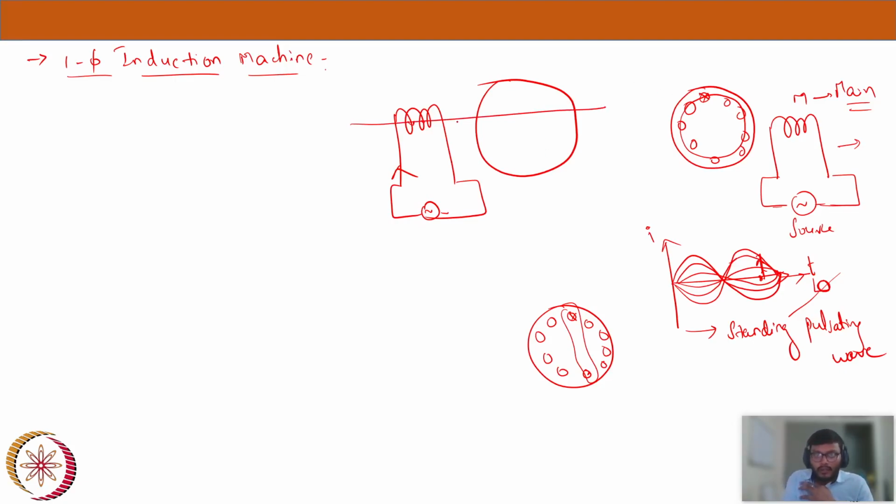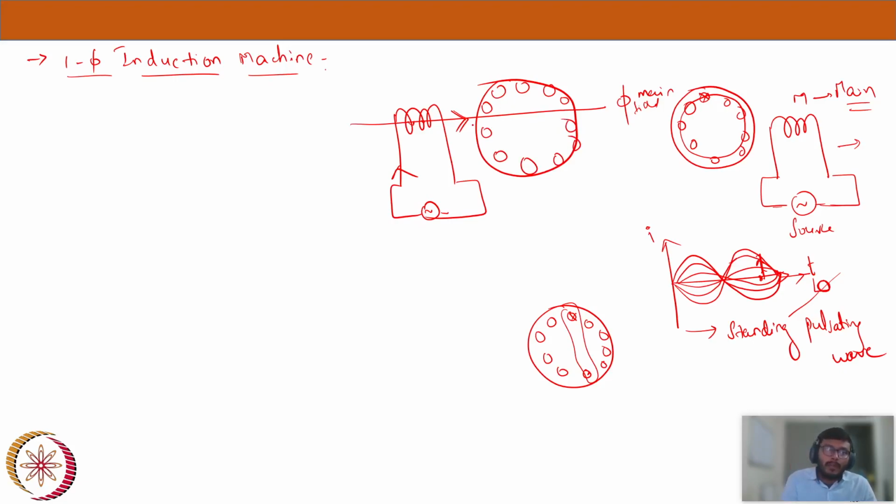If we assume this direction of flux is in this direction, the current distribution in the rotor will be in such a way that it will oppose this cause. So this is the direction of the main field, and my rotor coils will be distributed like this, and it should oppose it.